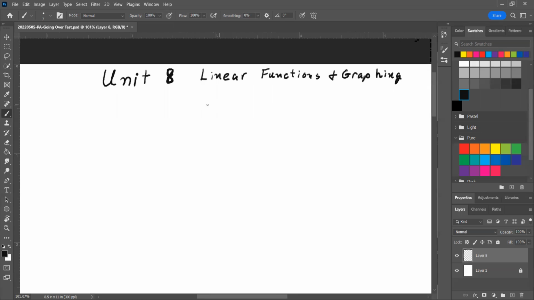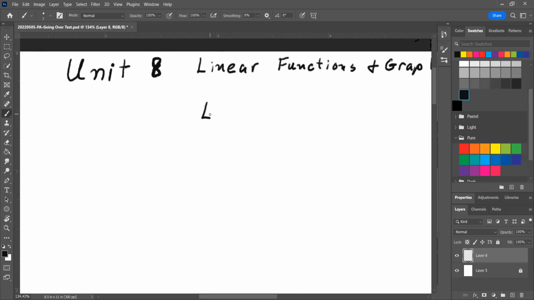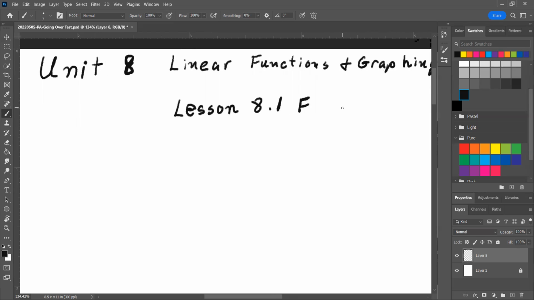And the first lesson, lesson 8.1, is entitled Functions.